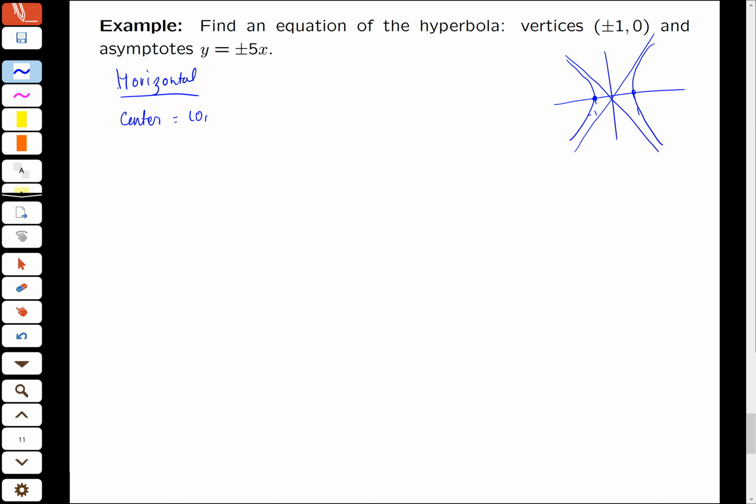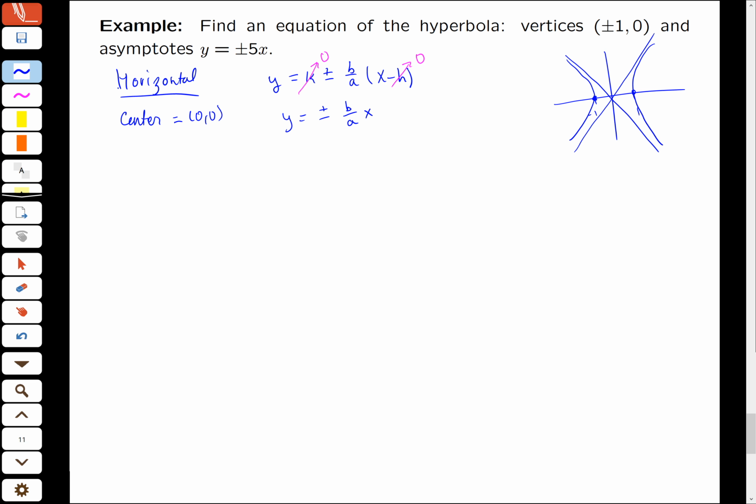And then it's horizontal, so I use the horizontal equation for the asymptotes, and we get y equals k plus or minus b over a times x minus h. Now I know h and k are both 0 because those come from the center. So that gives me the equation y is equal to plus or minus b over a times x.